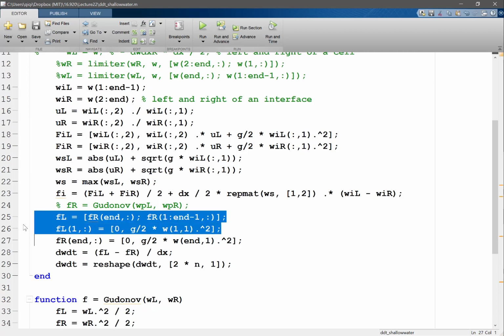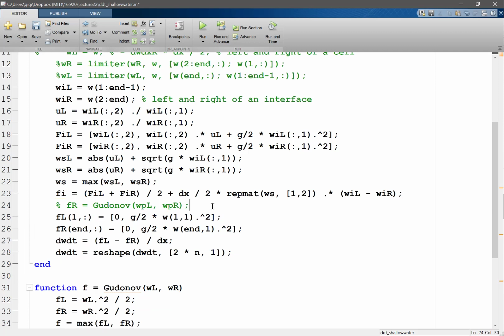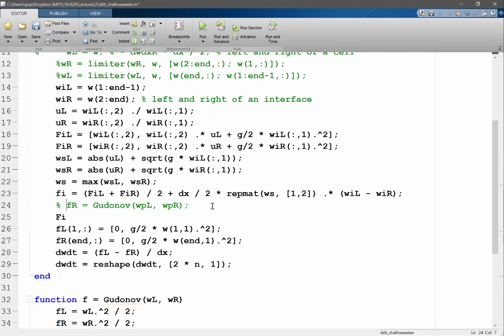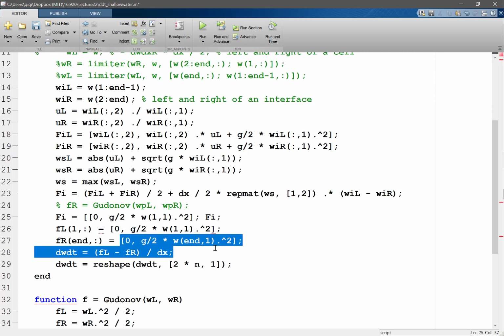So I'll get rid of all of these and just say that flux interface is equal to this. What I'm going to do is overwrite the first row as this, and Fi, and the last row as that.